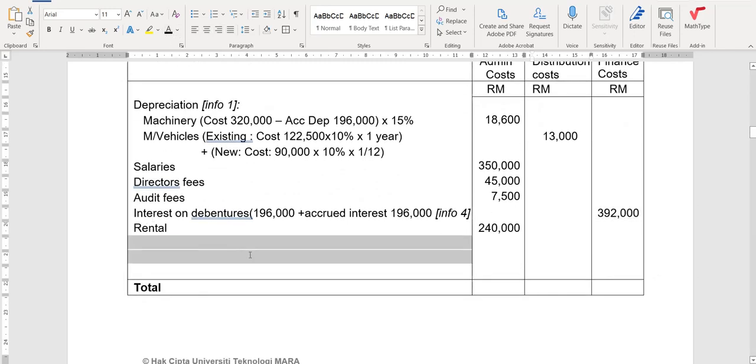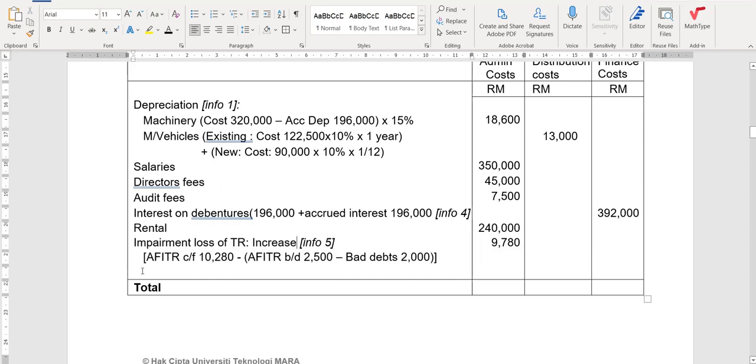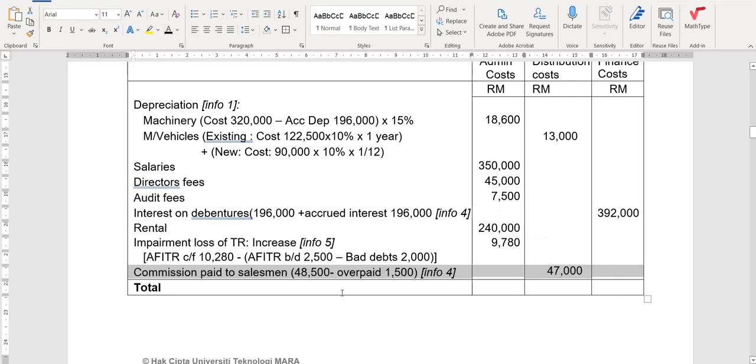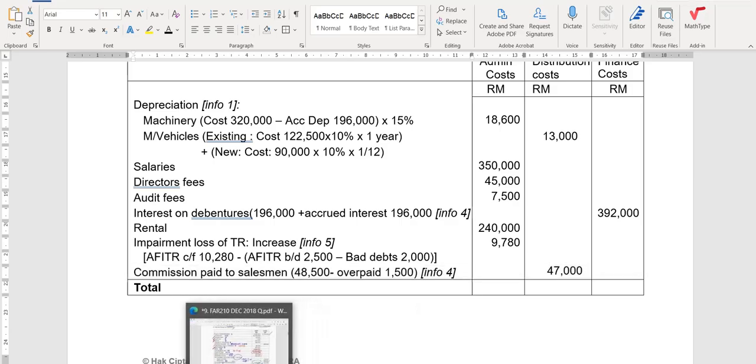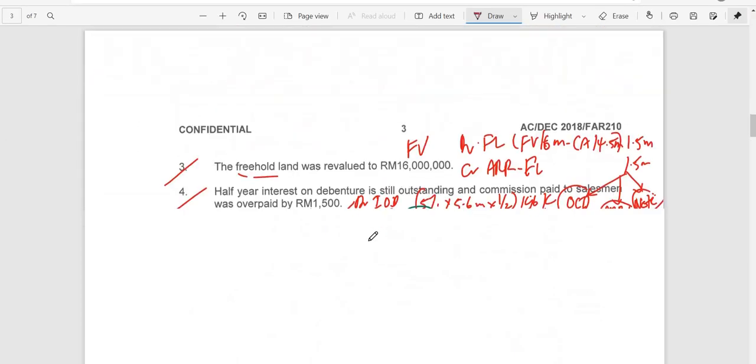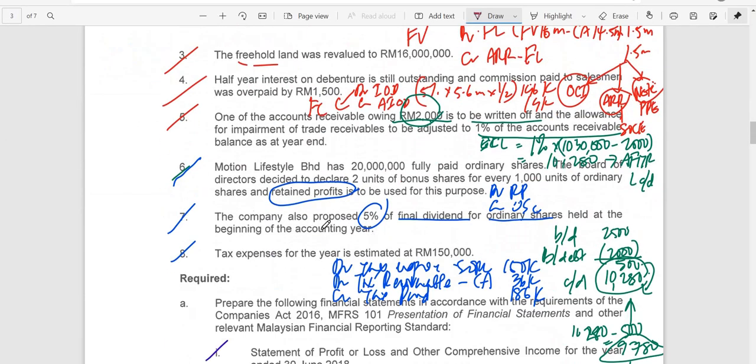Then you have your next item. Remember, we have calculated the impairment for the receivable, which is the impairment loss. There was an increase. And the last one is our commission, because commission was paid to the salesman, and take into consideration there was some prepaid or overpaid commission in number 4.